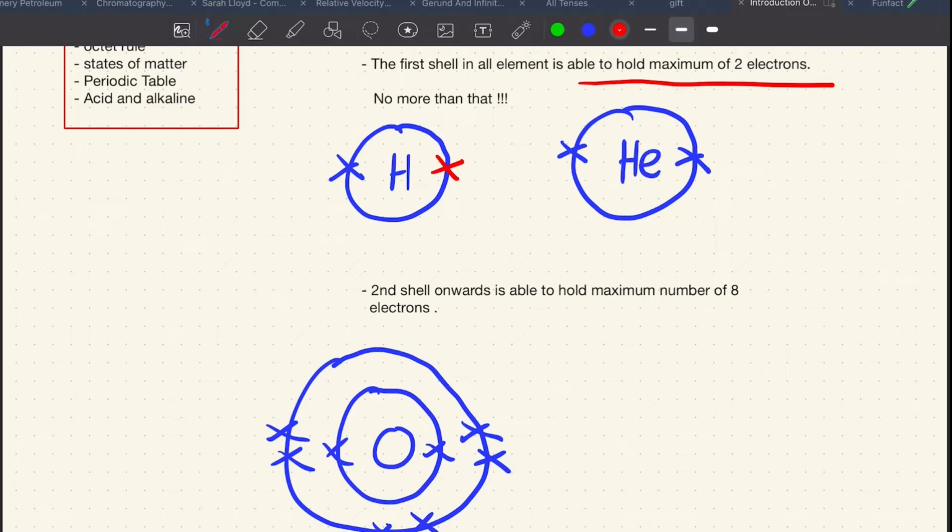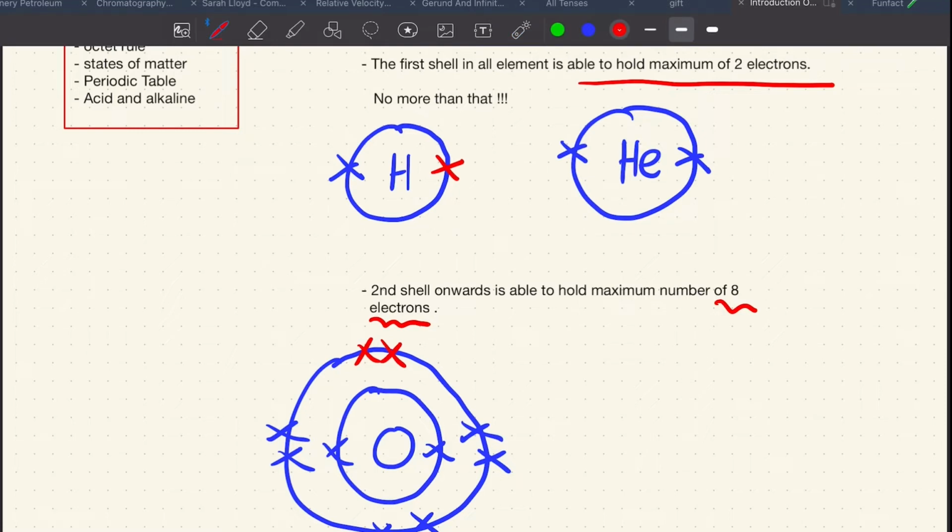So when the oxygen atom gains electrons, it can gain another 2 electrons because it obeys the octet rule. Then oxygen has 8 electrons in the outer shell, which makes it stable.